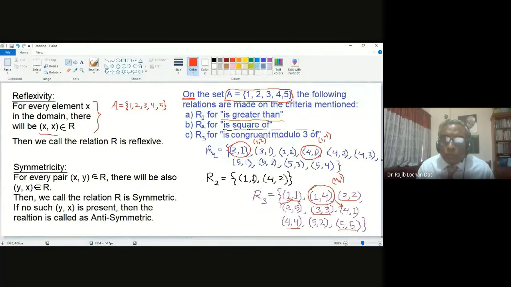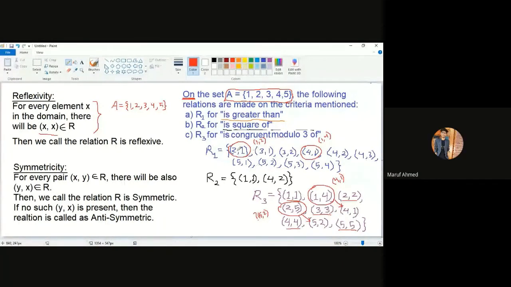If you have 2 comma 5, then do you have 5 comma 2 also? That is your question. You will check and find it out. Yes, it is available, so 5 comma 2 is also available. Do you understand my question?